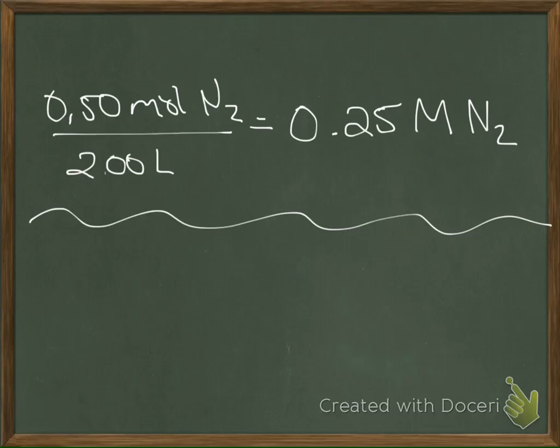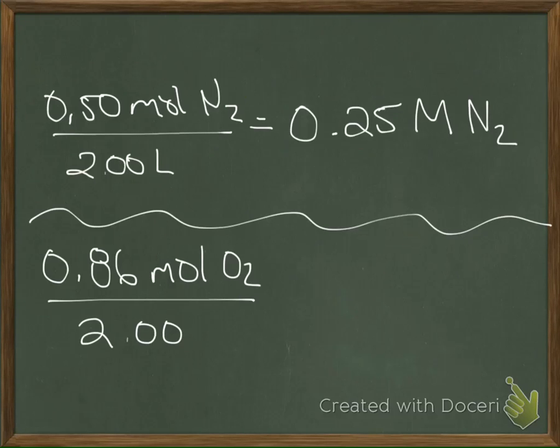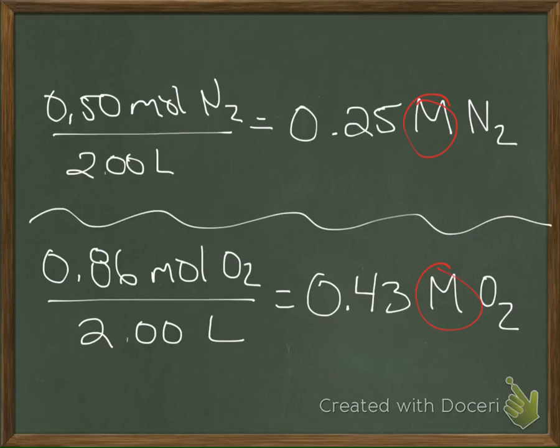Similarly, we can do the same thing with oxygen, and we have 0.86 moles of oxygen over 2 liters, divided by 2 is 0.43 molar for O2.